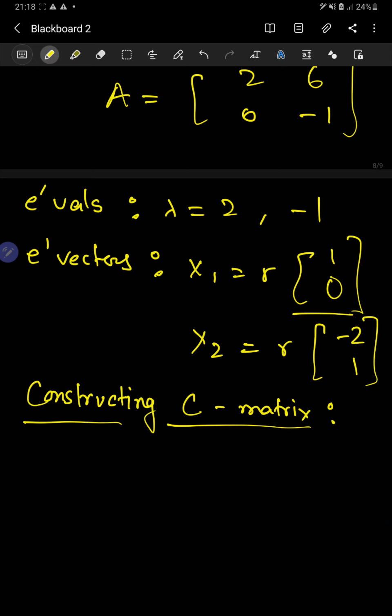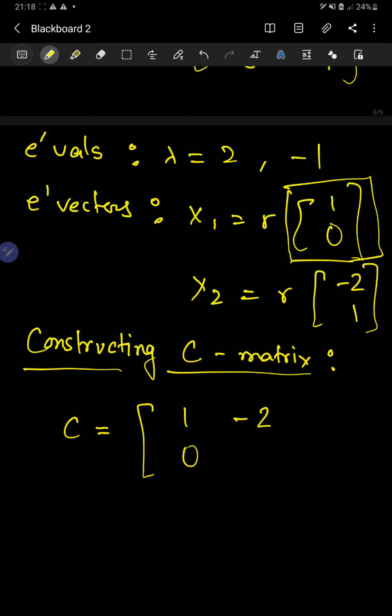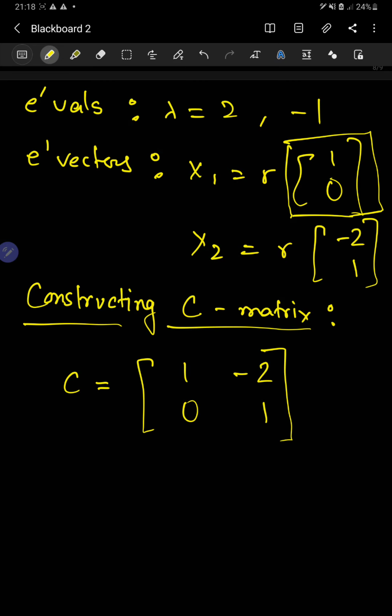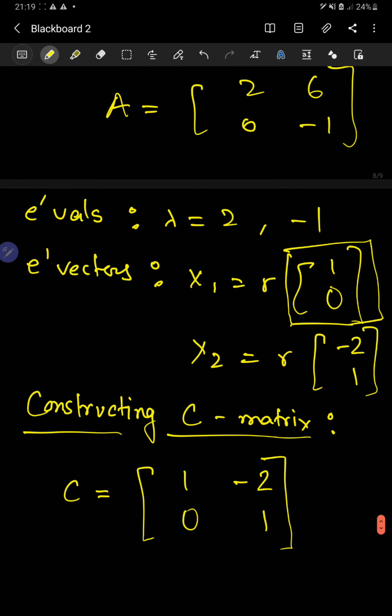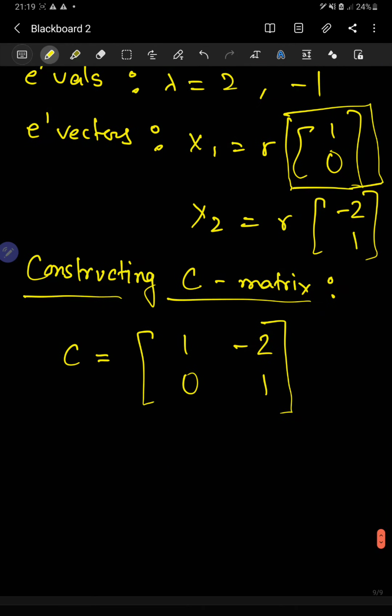If you pick a value of r, say 1 for simplicity, we can construct the C matrix in this way: we plug in 1 0, and 2 minus 1 2 minus 2 1. This is how you make the C matrix: you take the eigenvectors and put them in the corresponding columns of your matrix.